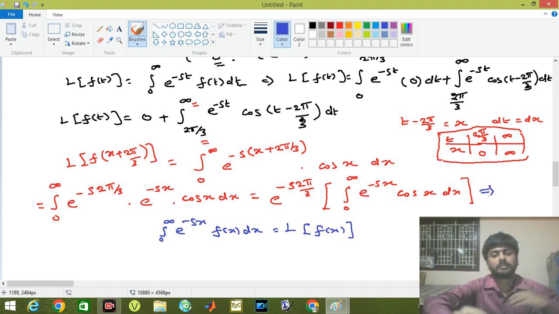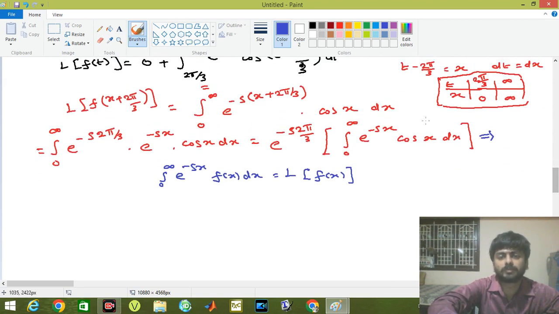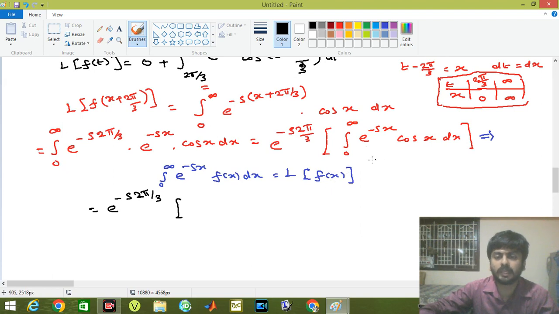So the above term becomes e power of minus s 2 pi by 3 into the whole thing, which can be simply written as L of cos x.